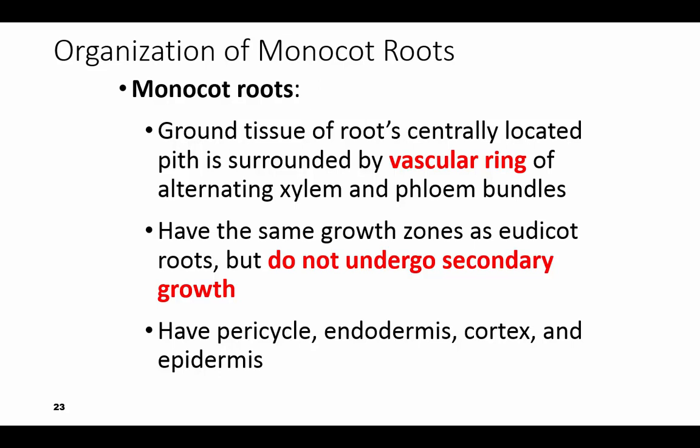You've got the same growth zones that we saw earlier in the eudicot, the zones of cell division, elongation, and maturation. But they don't have any secondary growth. They do have the pericycle, the endodermis, the cortex, and the epidermis, but they're not nearly as complex.